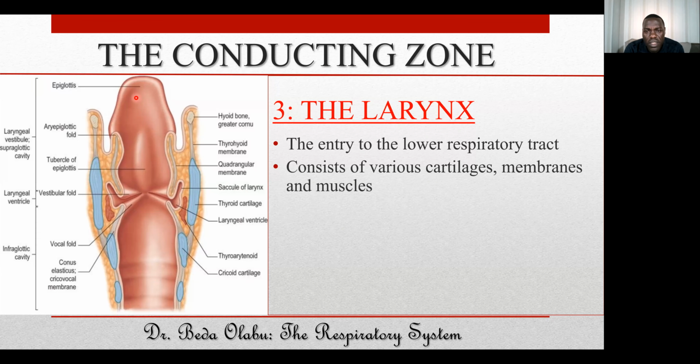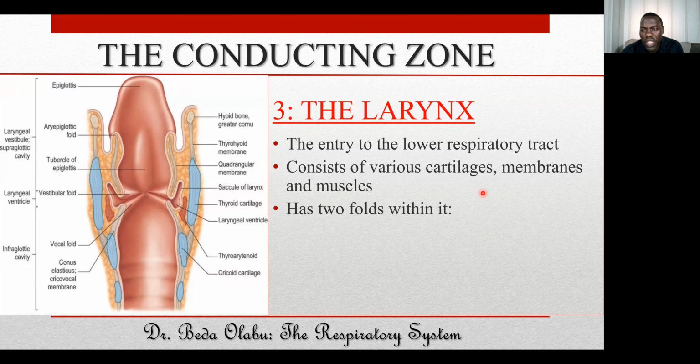Basically, it closes the laryngeal inlet when you're swallowing, so that food does not go into the airway, but goes to the esophagus. Remember what we mentioned in anatomy some time back, that epiglottic cartilage consists of elastic cartilage, while the other laryngeal cartilages are basically hyaline cartilages.